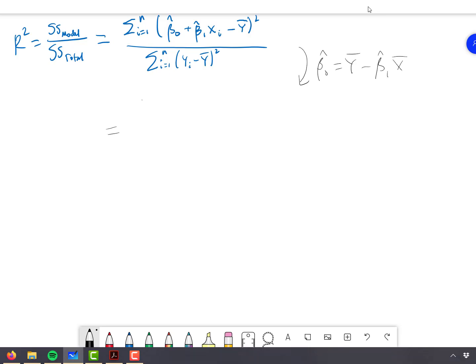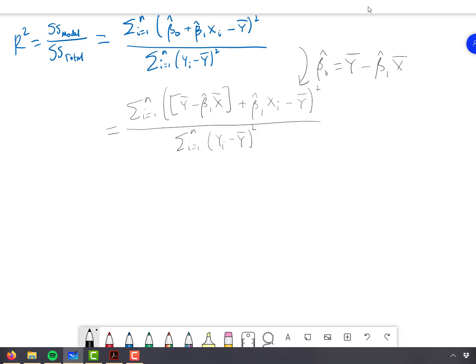If we do that, we'll see a slight rewriting of our formula, where we will have y bar minus beta hat 1 x bar plus beta hat 1 x i minus y bar, all squared, then divided by the sum of i equals 1 to n y i minus y bar squared, our sums of squares total.